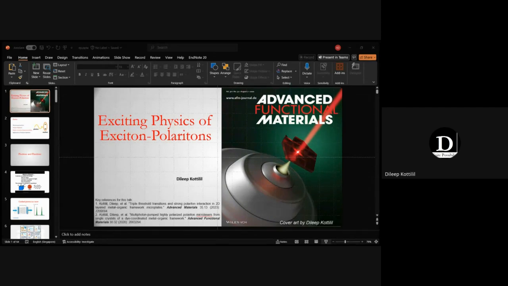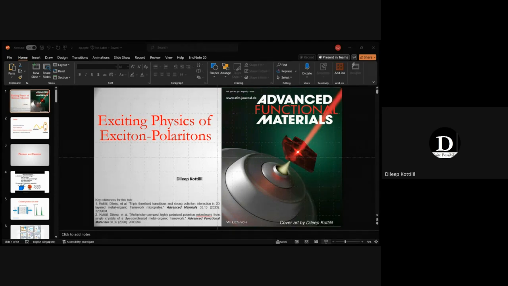So sometimes it will be in tutorial mode. The first few slides are going to be in tutorial mode, and then I'll be discussing the physics behind these polaritons. And then I'll be introducing the different types of systems where we can achieve exciton polaritons. And then we'll be moving slowly into the kind of research that I have done during my PhD on exciton polaritons in a special type of artificial material called metal organic framework.